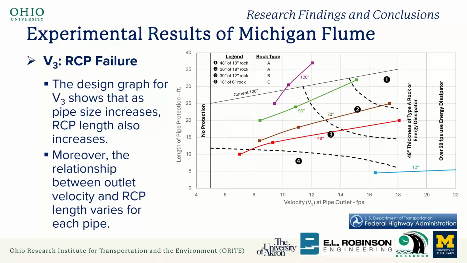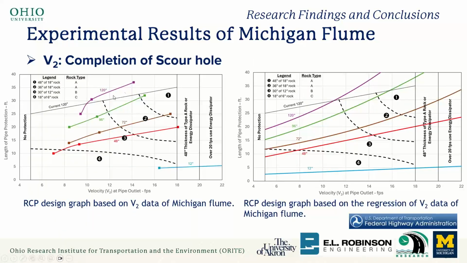Sometimes V3 is very similar to V2, and so compared to the current, and this is V2. This is V2 from Michigan. So this is the current 120-inch LCP length curve, and this is what we compare to Michigan obtained from the experiments. So they tend to be shifted left of the current design graph.